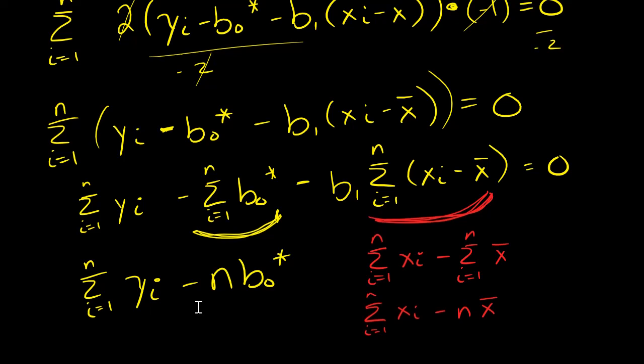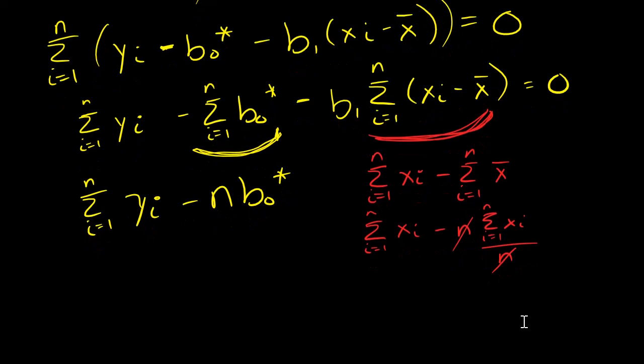Now, what is x bar? X bar is the sum of x_i from i equals 1 to n divided by n. So these n's cancel, and you're left with the sum of x_i minus the sum of x_i, which is 0.